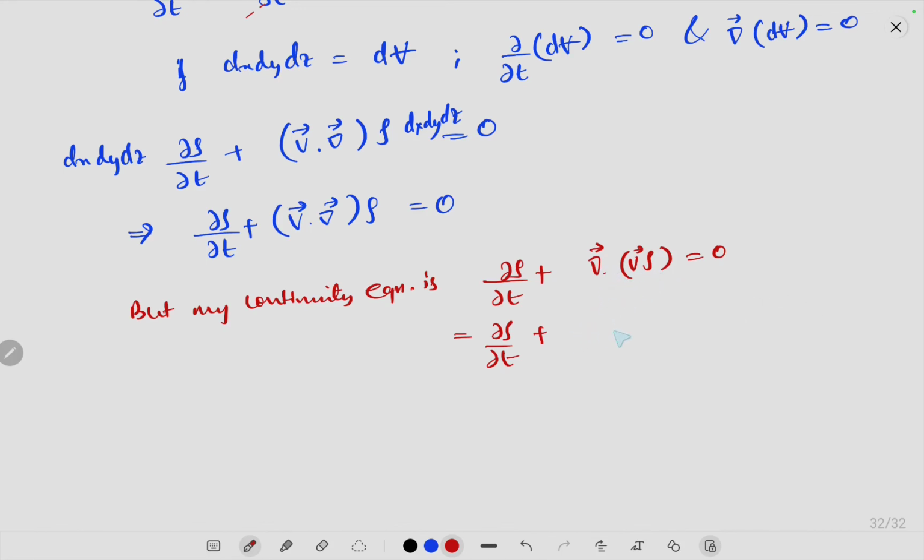Let me just write this again: ρ divergence v plus v dot grad ρ equal to 0. Now if you compare this equation with this equation, I have one term missing in this equation, which is this term.